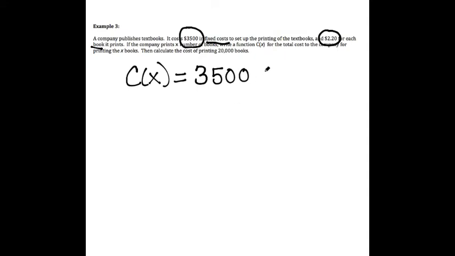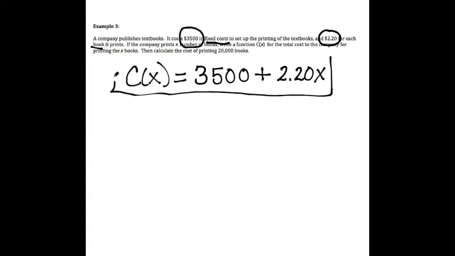And then it's going to cost an additional, so plus $2.20 per book. So I'm going to write that as 2.20x. That is the equation I'm going to use to calculate the cost of printing these books. The initial $3,500 plus 2.20 per book, so 2.20 times x.